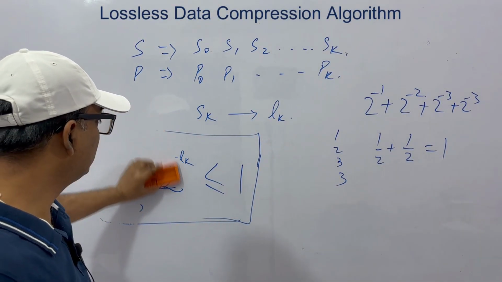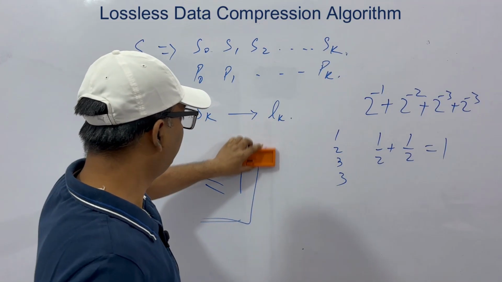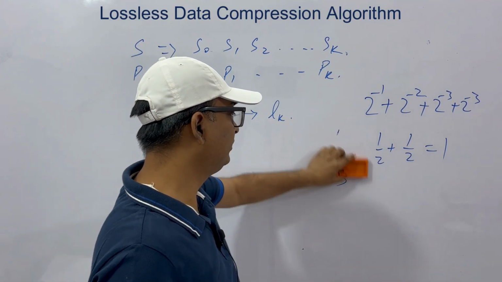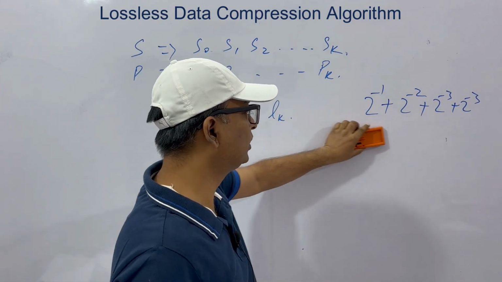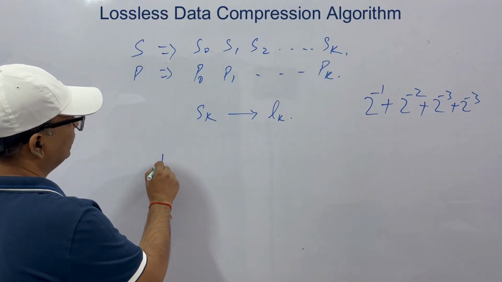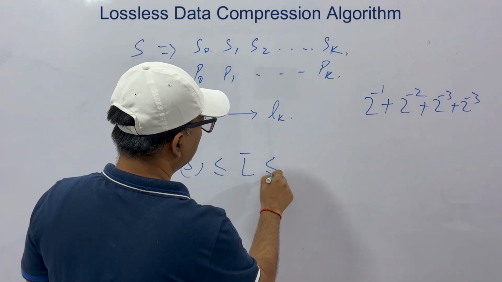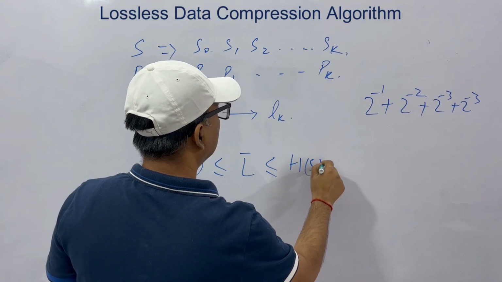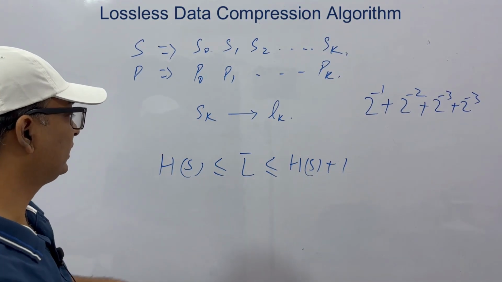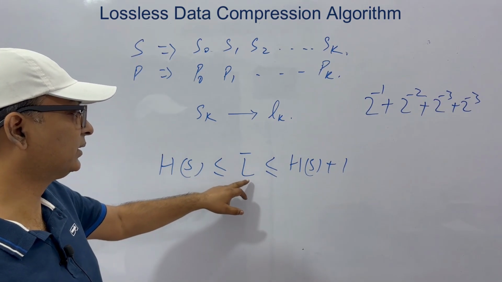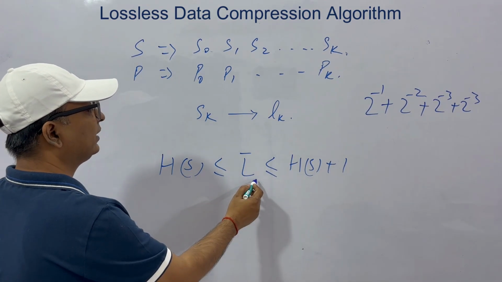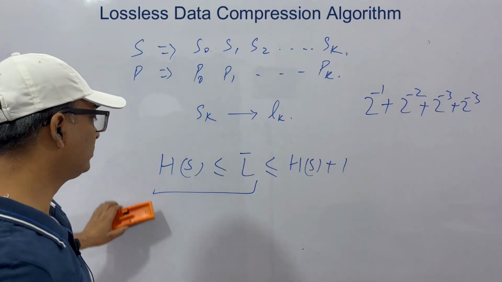So from here, we can construct a prefix code whose average code word length lies between HS and HS plus 1. The first theorem was that average code word length is greater than or equal to HS.